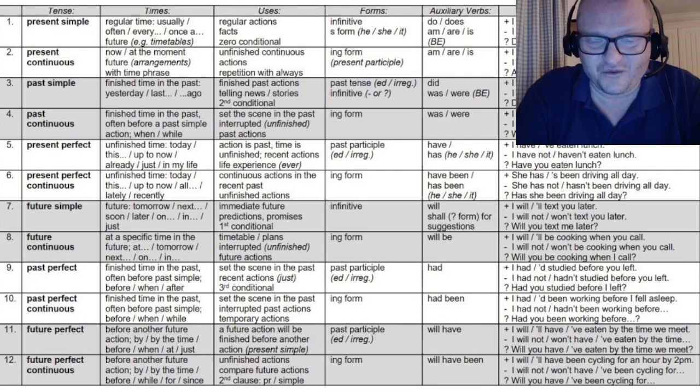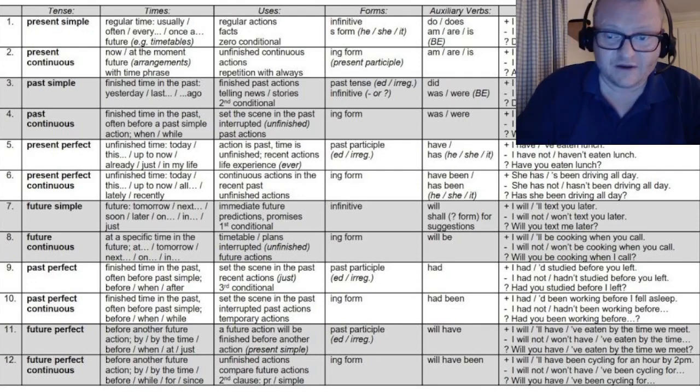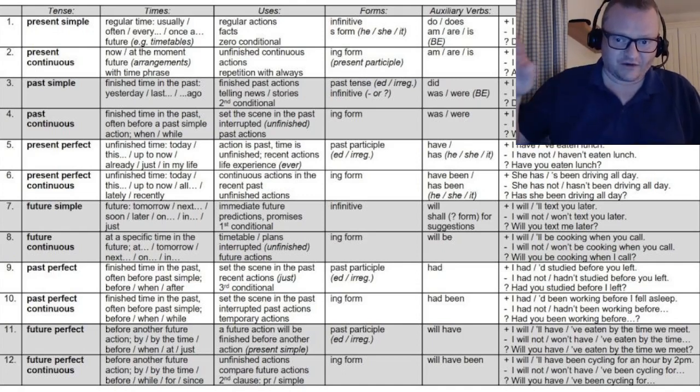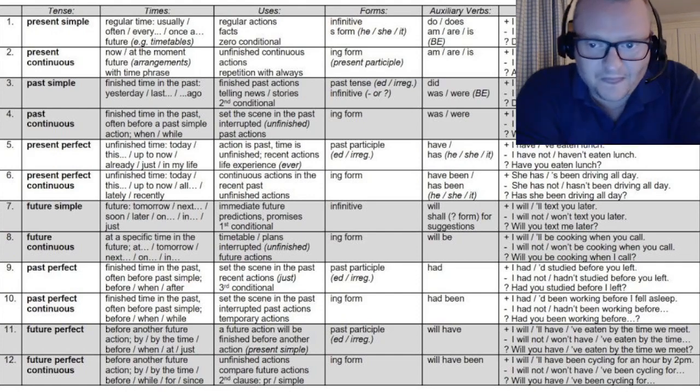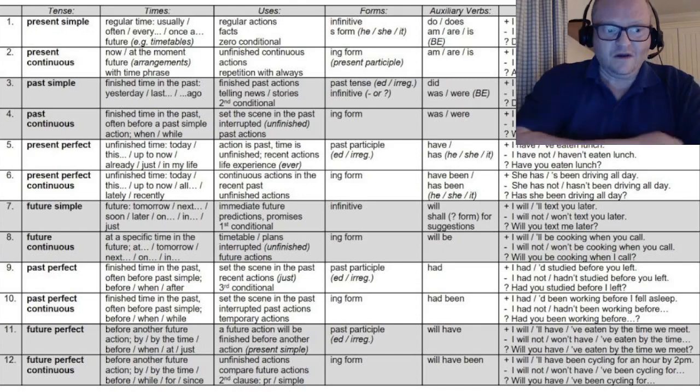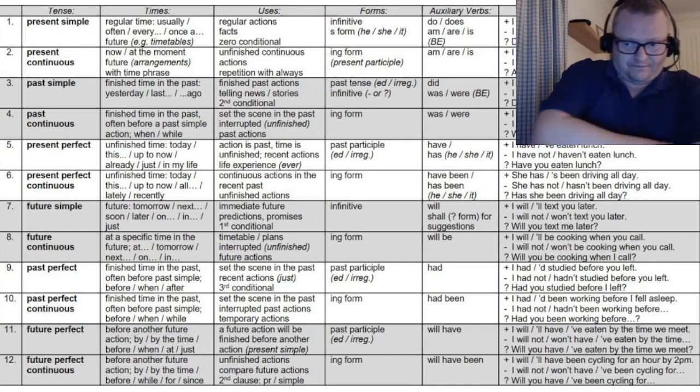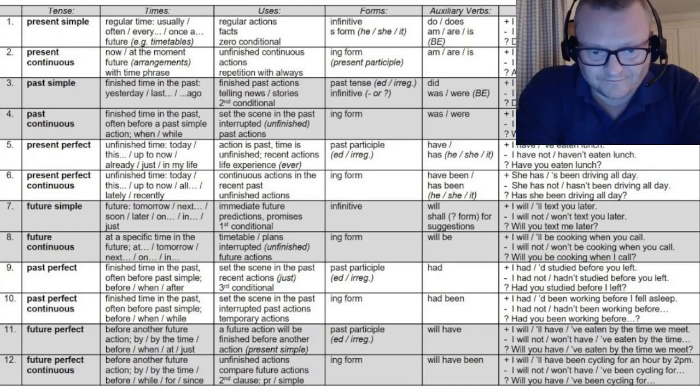But we come to the worst. You know, this is where we could see maybe a tumbleweed rolling across the screen. Nobody likes future perfect. Nobody even knows about future perfect continuous. We don't know what they are.